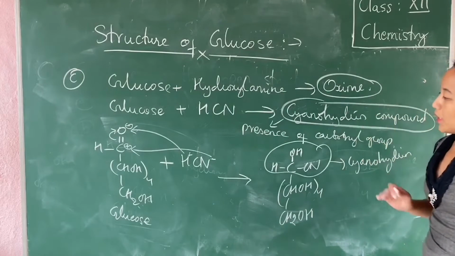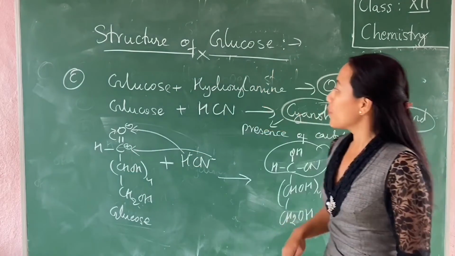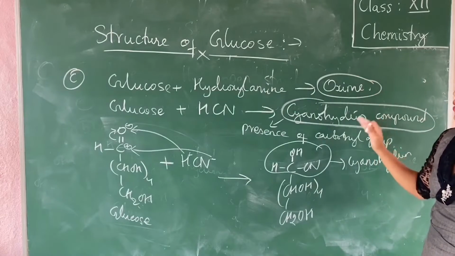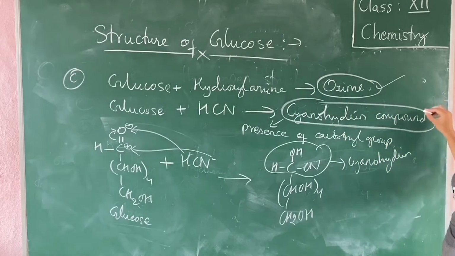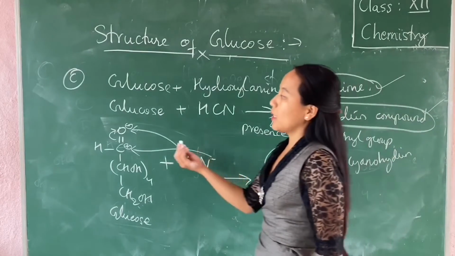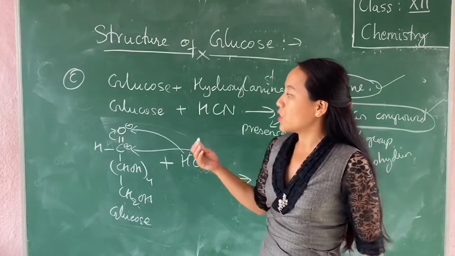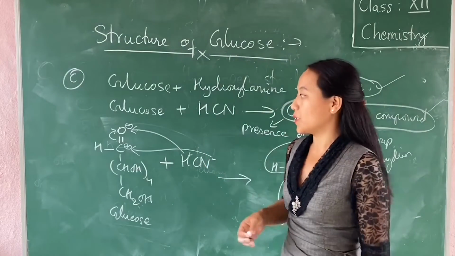Again, this will react only when there is a presence of C double bond O. So from these two reactions, the formation of oxime and the formation of cyanohydrin indicates that glucose contains a carbonyl group, but we don't know yet whether the carbonyl group is an aldehyde or not. So for that, the next experiment was done.